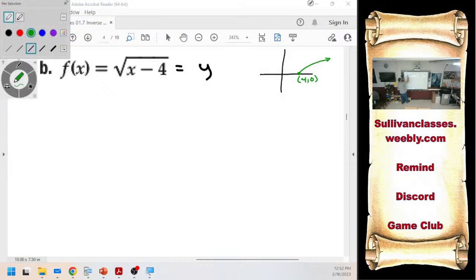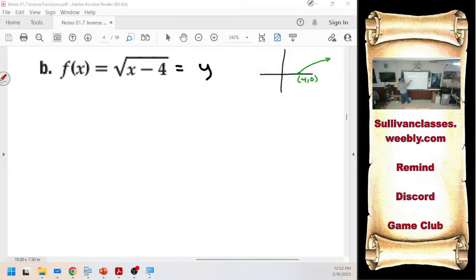Okay. I'm going to swap x and y. Now go get y by itself. Solve for y. y equals junk. What do you do first? You square both sides.